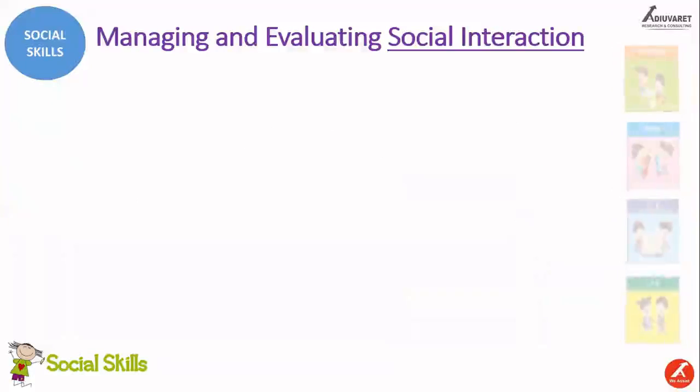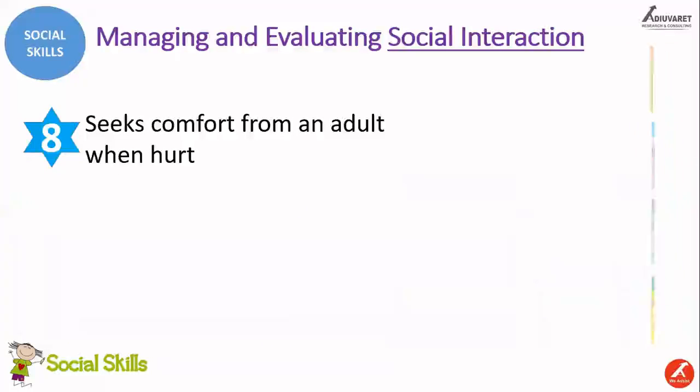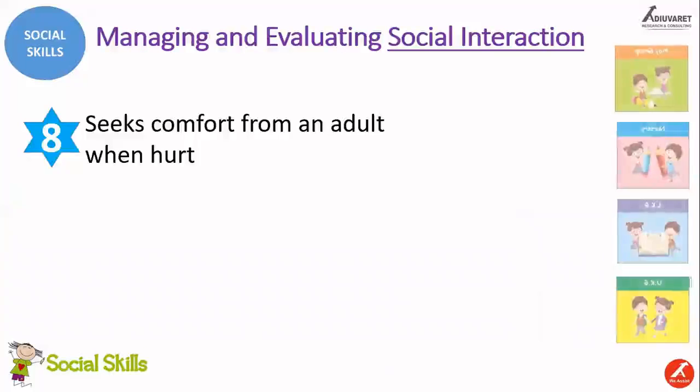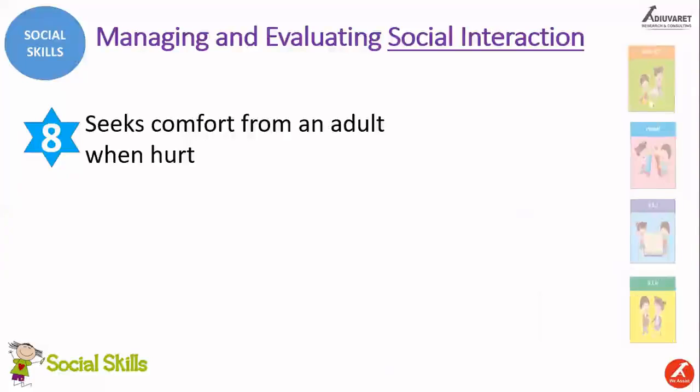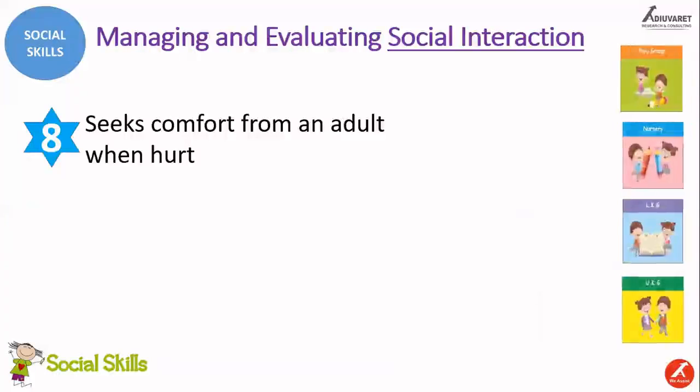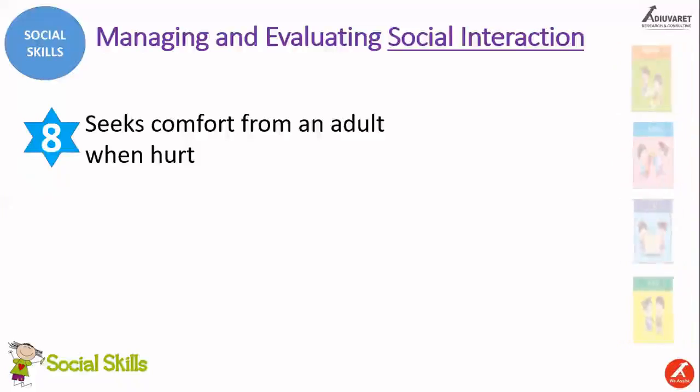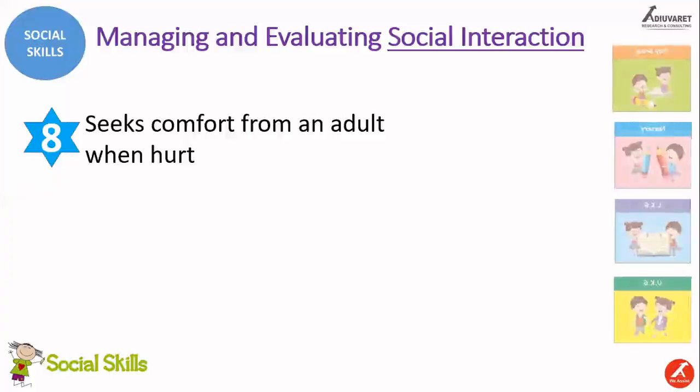Okay, so going further, the eighth skill under the social interaction skill that we need to inculcate is about seeking comfort from an adult when hurt. We discussed that the child reaching out to adults is one skill.